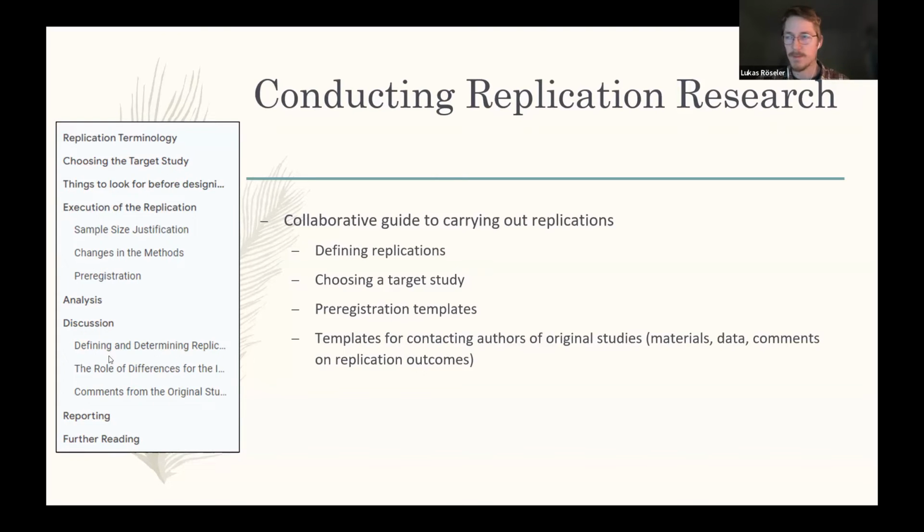So this starts with defining what a replication is, choosing the replication study, choosing a pre-registration template, and contacting authors. For example, we provide templates where you can ask authors for their materials or for a comment on the replication finding.